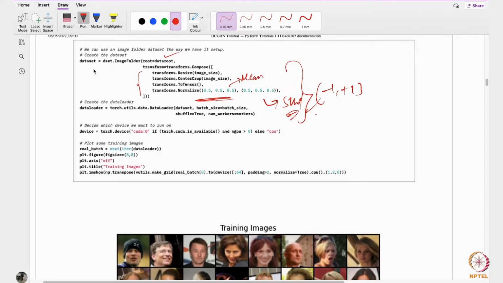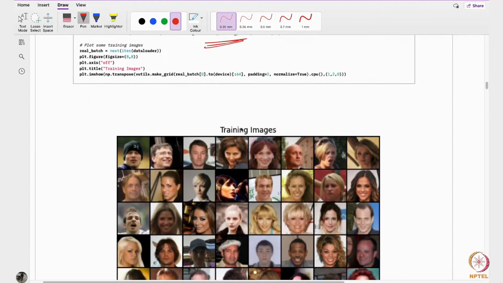After creating this data set, we have to go for the data loader, where we will provide the batch size. The entire data set has been given here, so that 128 images will be fetched and used for training. In case you have a local GPU at home, you can use this command. Otherwise, even in Google Colab you can use that one.